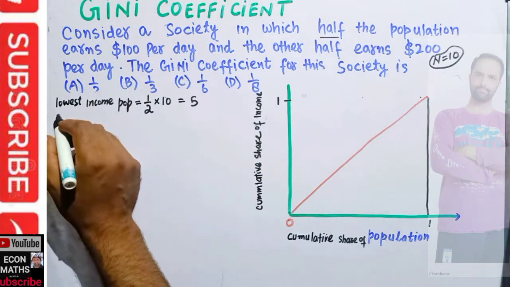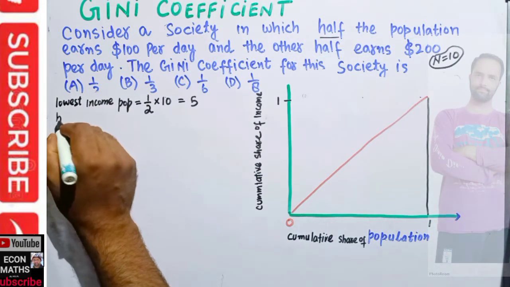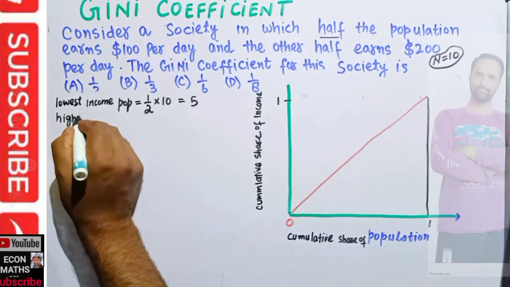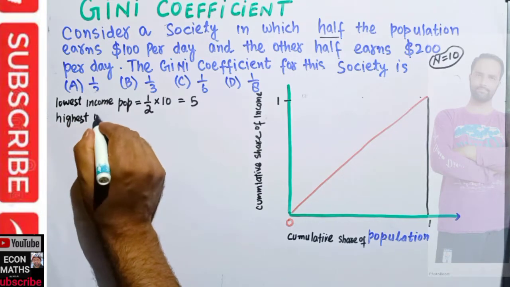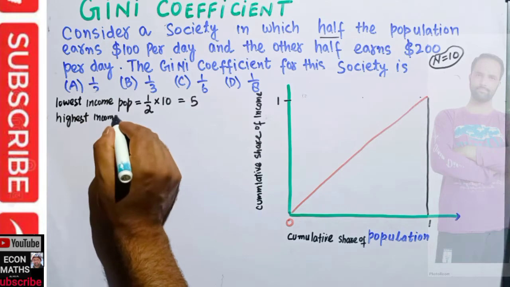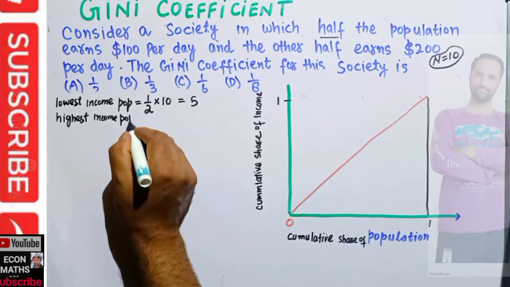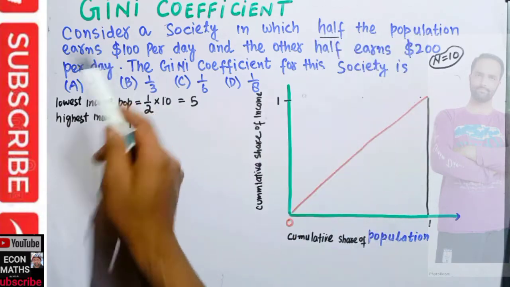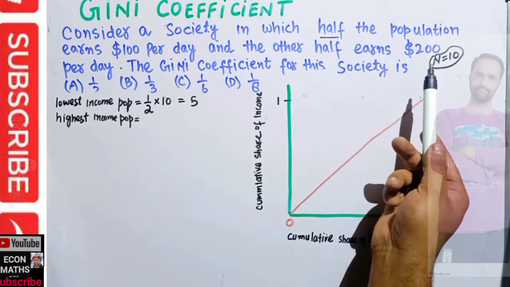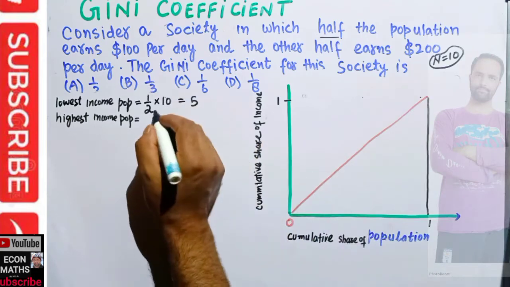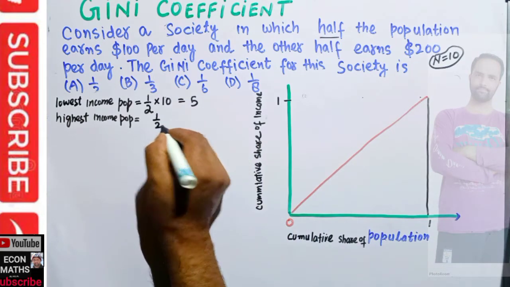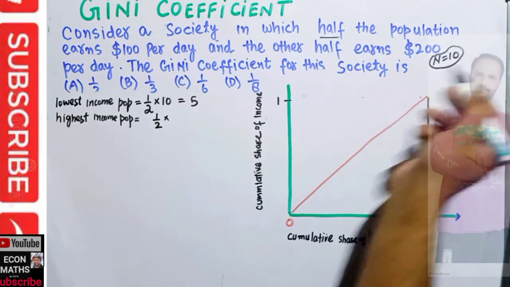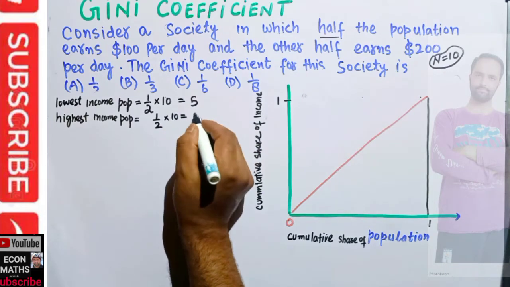And symmetrically, the highest income population will be, since half the population earns $100, then the rest half earns $200, so that will also be one half times the number of people, 10, which is also equal to 5.